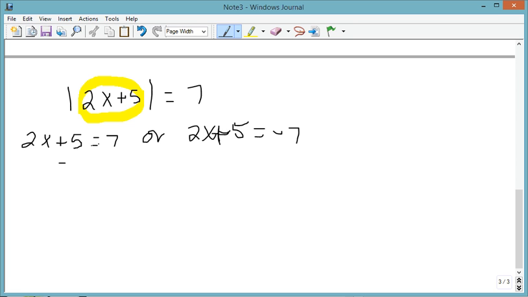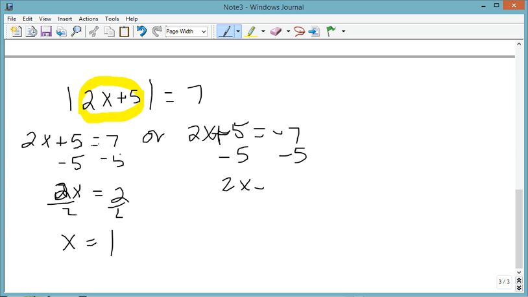Okay, so we'll just solve each of these. 2 divided by 2, and we get x equals 1. And when I do this side, I get negative 12, so x equals negative 6.